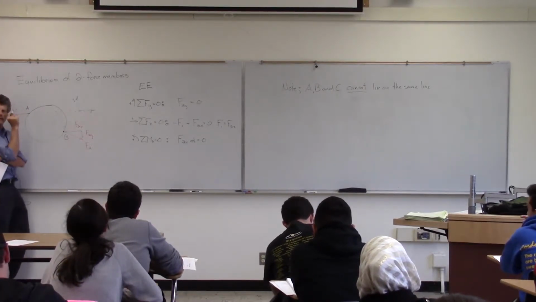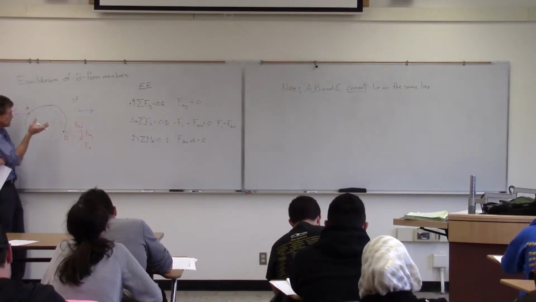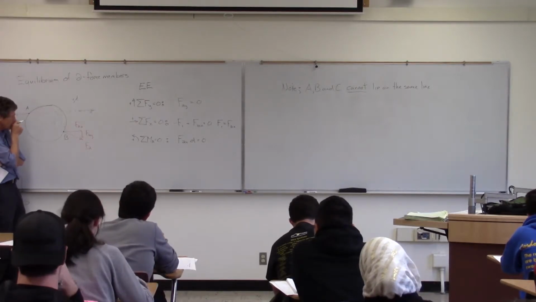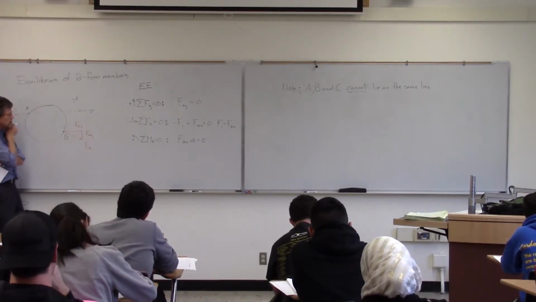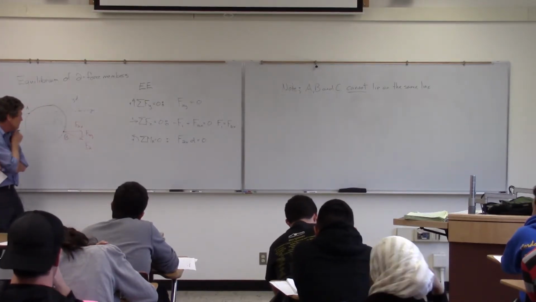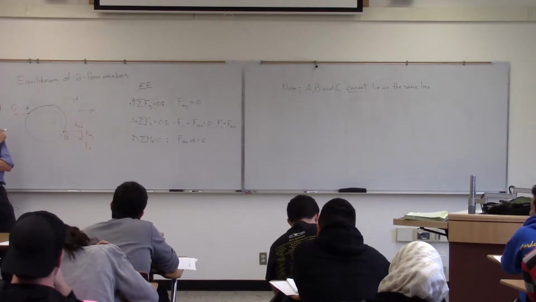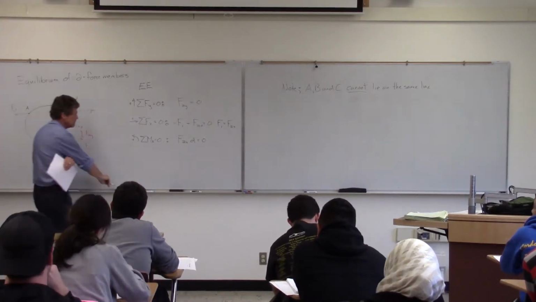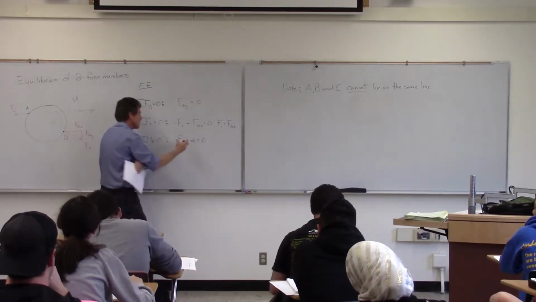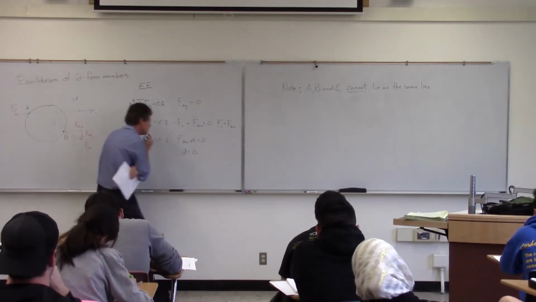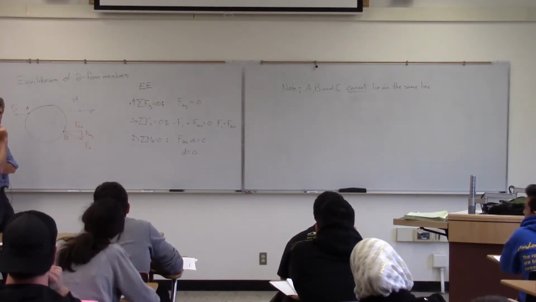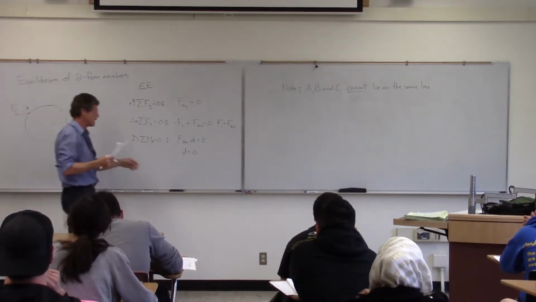We've already decided that F2y doesn't exist. F2x has to be equal to the magnitude of F1. And in laying out the equation, F2x times d has to equal 0. So what does that tell me? F2x doesn't equal 0. We've determined what that is, so therefore d is equal to 0. So what does that say about my forces? They have to be collinear, same line. Yes, exactly.